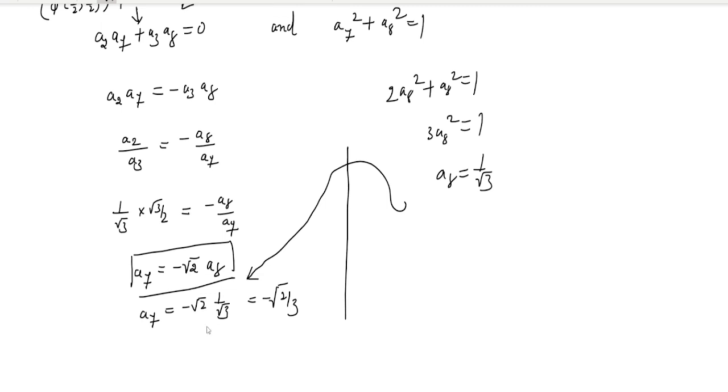This way I put here a8 equal to, so therefore a7 equal to minus root 2 divided by 3, a8 equal to 1 divided by root 3.